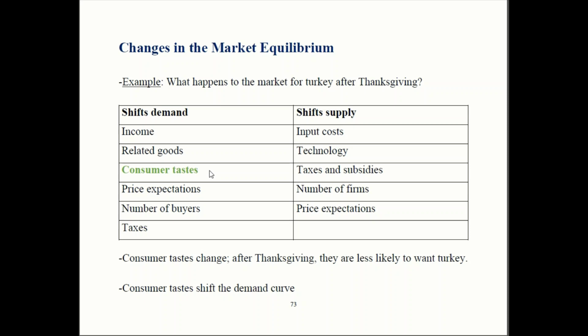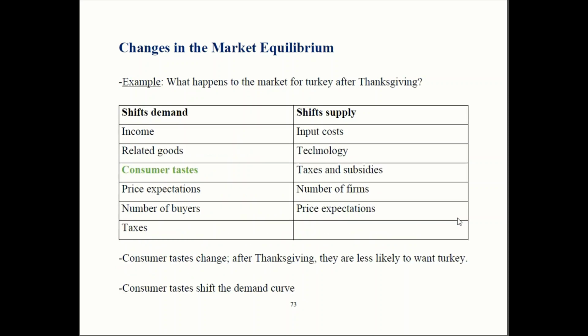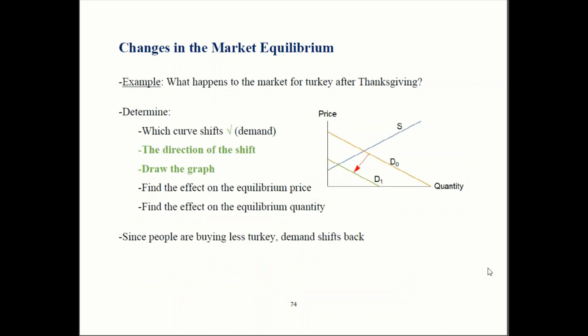So that's a change in consumer tastes, which is in our list of factors that shift demand. So we know that demand is going to shift. The next step in our procedure is to figure out the direction of the shift. Does demand shift out or does demand shift back? If we're buying less turkey after Thanksgiving, that means demand is shifting back. So now we know the direction of the shift as well.